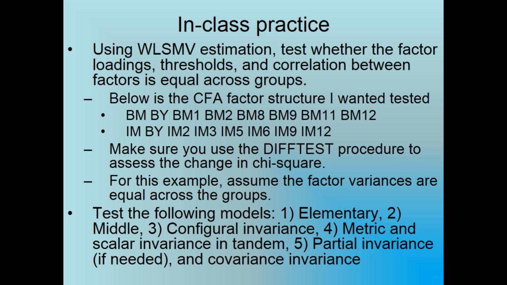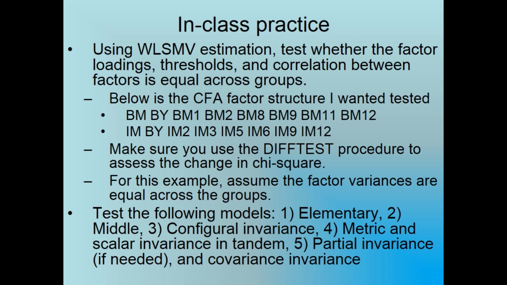In step 4, we're going to test for metric and scalar invariance in tandem. This is what Mplus recommends you do. This is what I often do, whether I'm using WLSMV, ML, or MLR. I test them in tandem, and then if the change in chi-square is significant, I'll use the modification indices to figure out which factor loadings, or thresholds or intercepts, differ across the groups.